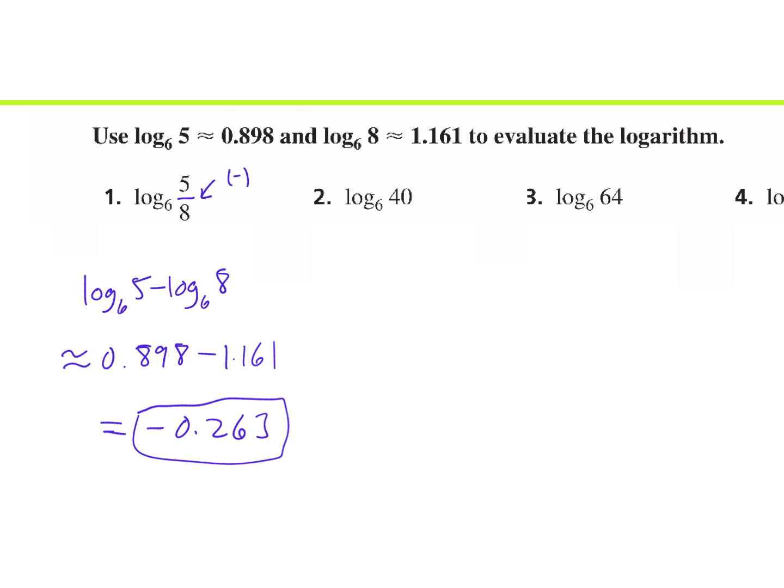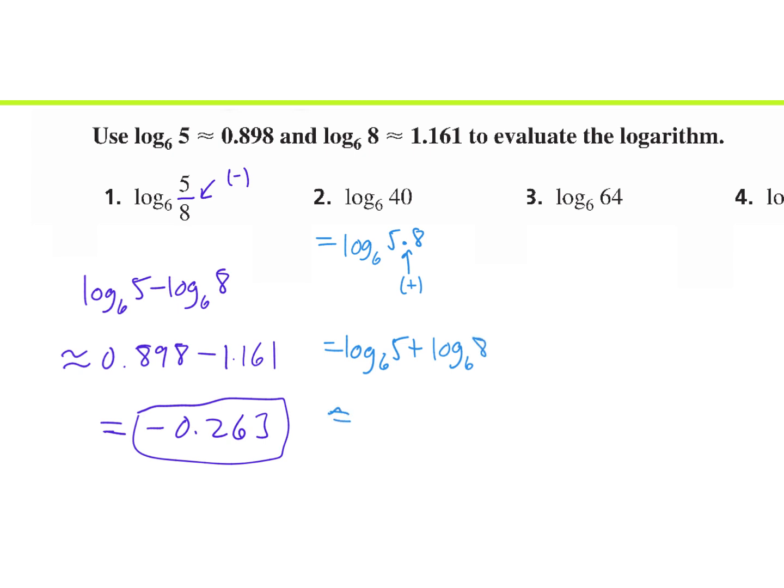All right, we can do the same thing with the next one. If I have a log base 6 of 40, I don't know what that is, but I do know that 40 can be rewritten as 5 times 8. So this is going to get us log base 6 of 5 times 8, right? And remember, times on the inside of a log is going to become an addition outside of the log. So this is going to become log base 6 of 5 plus log base 6 of 8.